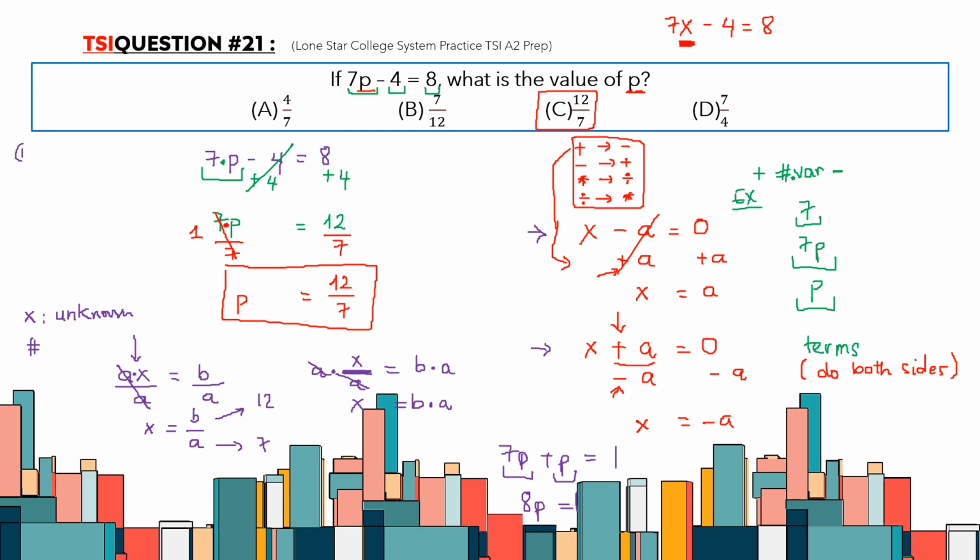So first, combine like terms. Like terms means the terms that look alike. All numbers together if you have numbers, right? The second one is you want to isolate the unknown term.